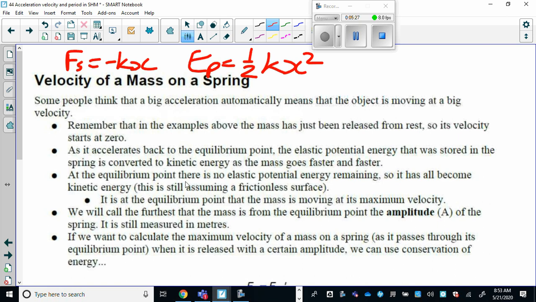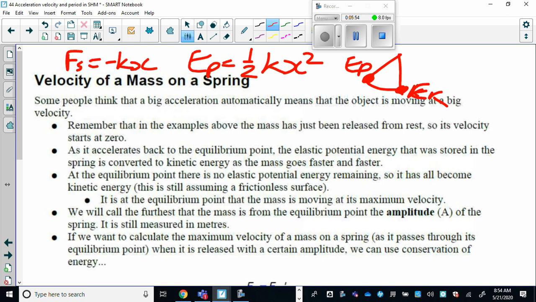Continuing, at the equilibrium position point, there is no elastic potential energy remaining, so it's all become kinetic energy. So this is like the pendulum. When you pull the pendulum back, at this point it's all EP, and then all of that gravitational potential energy gets converted to EK. Same thing with the springs.